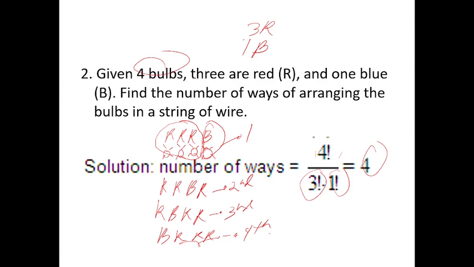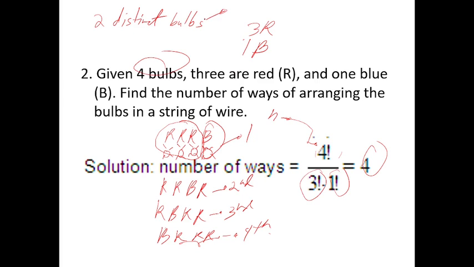So I will repeat. The n is the totality of the objects. Then we have two distinct objects here, the red bulb and the blue bulb. When we say distinct, that is different.